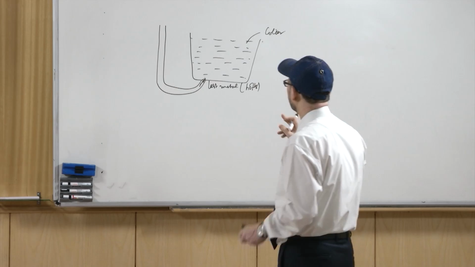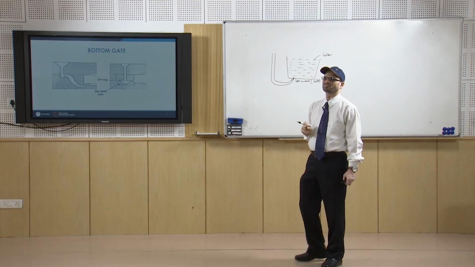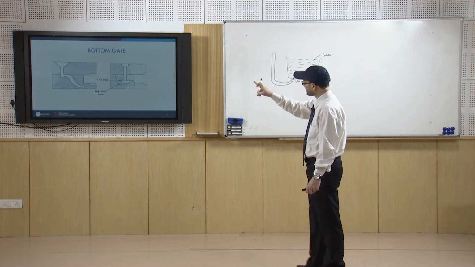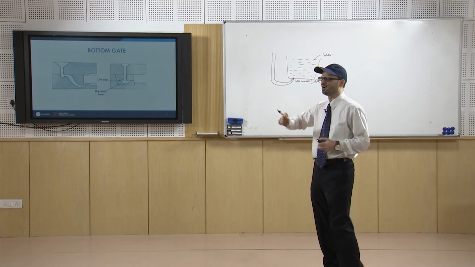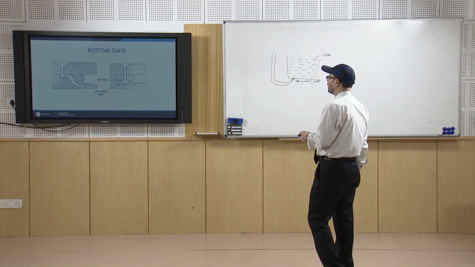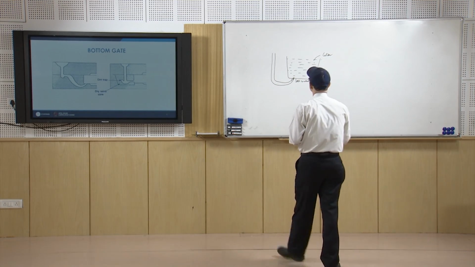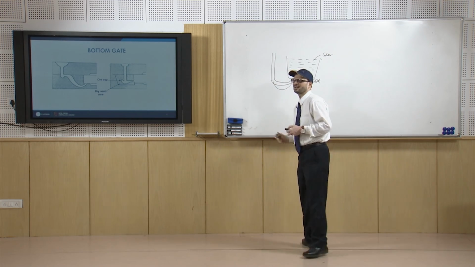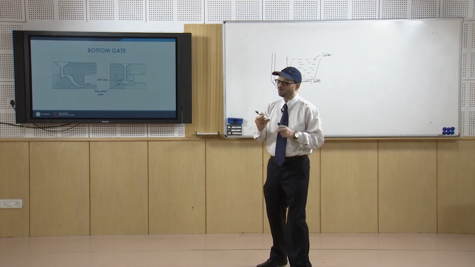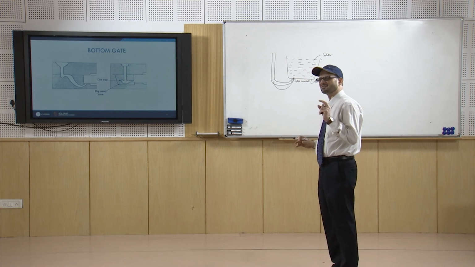The thing is that you have two varieties of this bottom gating. This type of gating which is shown here is a variety known as horn gate. This horn gate is basically in the form of a horn, so that is why it is known as a horn gate. It is giving the entry like this. It is a quiet entry, but it has a certain disadvantage.